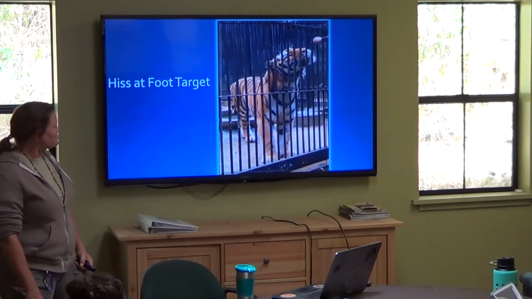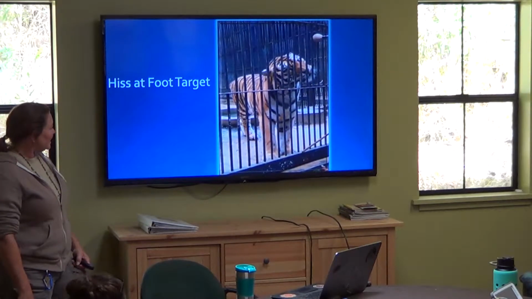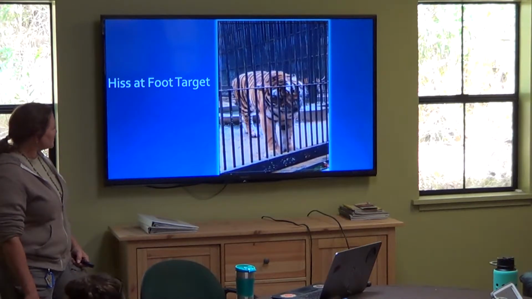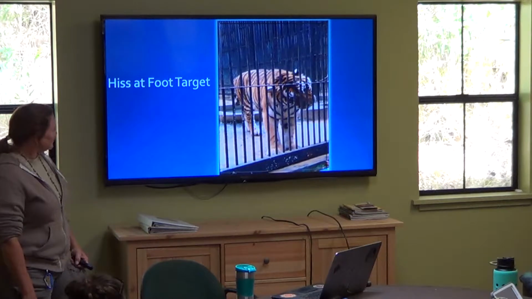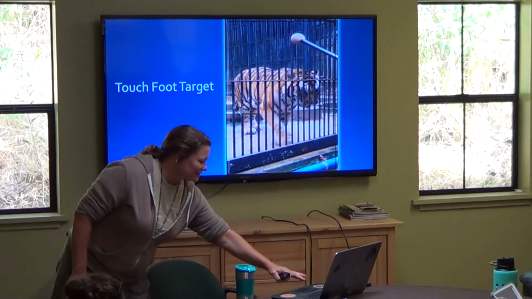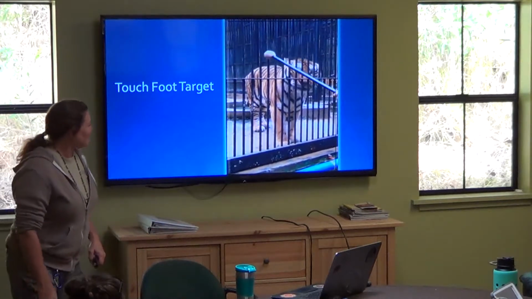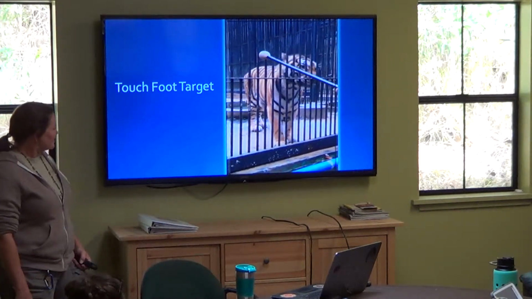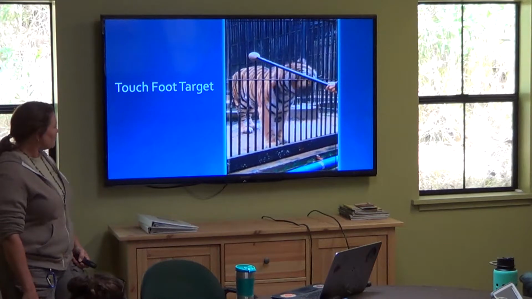After the foot target's been presented, he's just not very happy with it at all, focused on hissing at it. So we need to train him to not be angry at the target, taking opportunities to touch his foot, and then big reinforcement when that can happen.